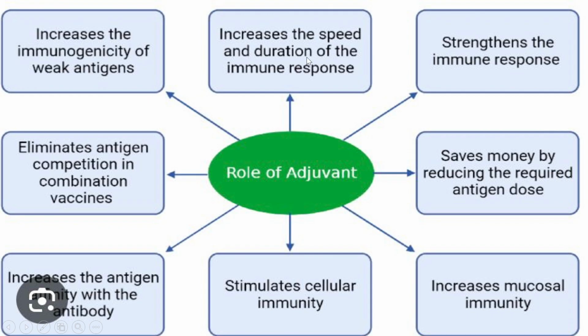It can increase the speed and duration of the immune response. Also, it can stimulate cellular immunity. Also, it can eliminate antigen competition in combination vaccines, increase mucosal immunity, and so on.